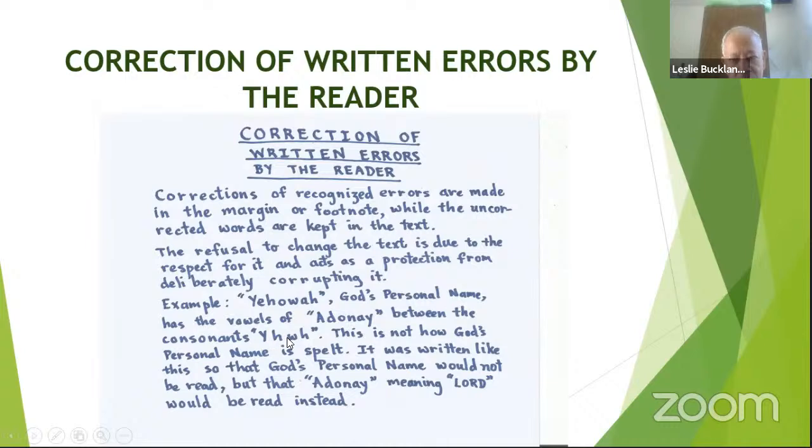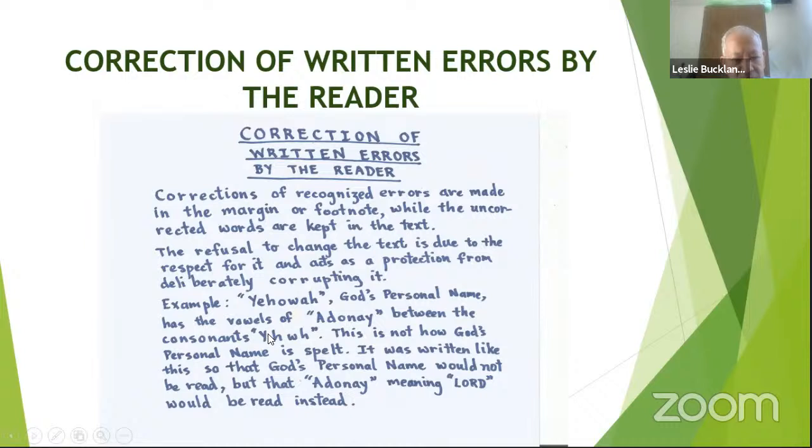Remember that the original Hebrew did not use vowel symbols. They had vowel sounds, but they didn't have vowel symbols. So they used consonants only originally. So 7,000 times you have YHWH representing God's personal name, and there are two possible pronunciations of it.